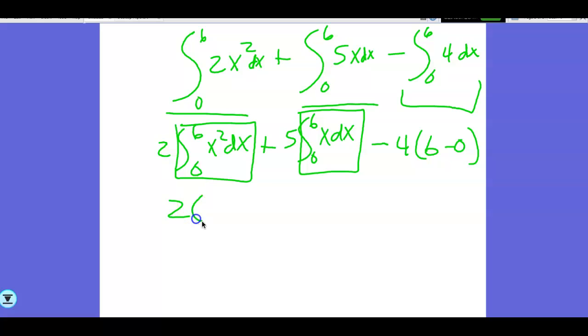This one was 22, and this one was 18. And that's going to be 24 now, and then from there we just simplify it all the way. We're done. 210.